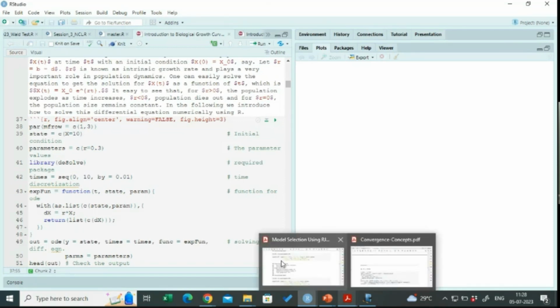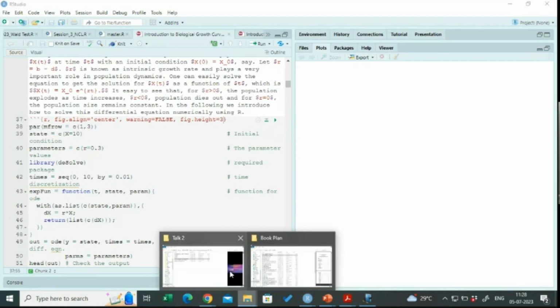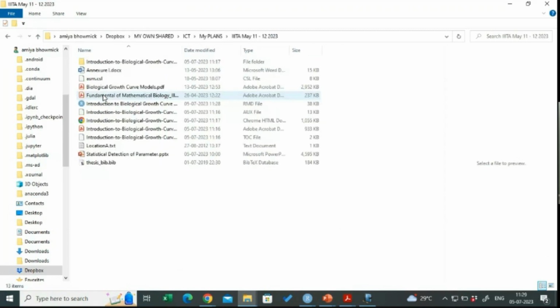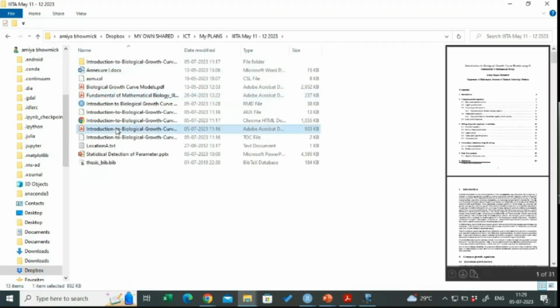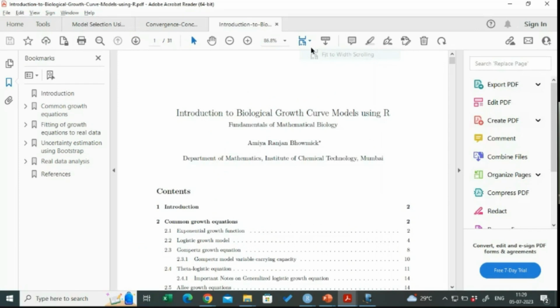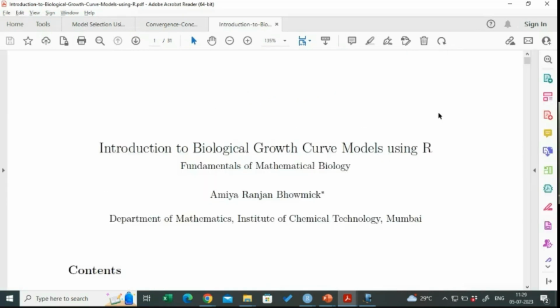So let me just show you how this document looks like. I think this is the document. Earlier it was a very small document, now it has become a pretty big document. There are many other Python codes, everything will be embedded.